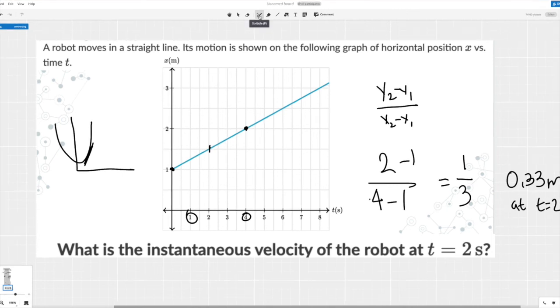I hope you caught my mistake: this x1 should not be 1, but 0, as we picked this point. So it should be 4 minus 0, which gives 1 over 4, which is actually 0.25 meters per second. You can disregard the earlier work. It's 2 minus 1 and 4 minus 0 because we picked this point. Okay, thank you.